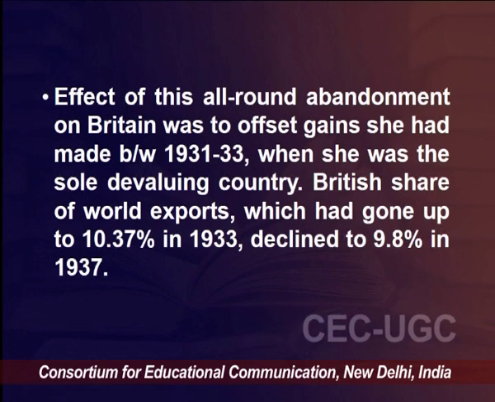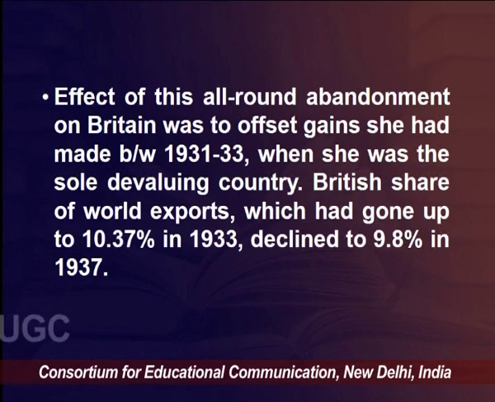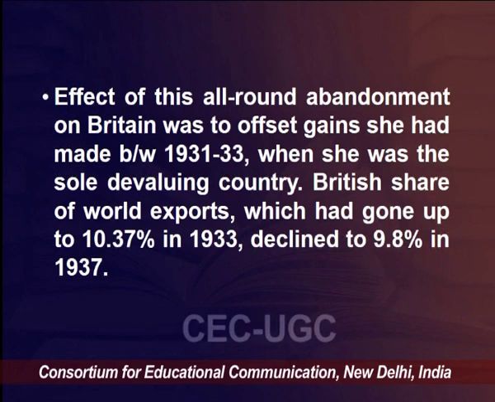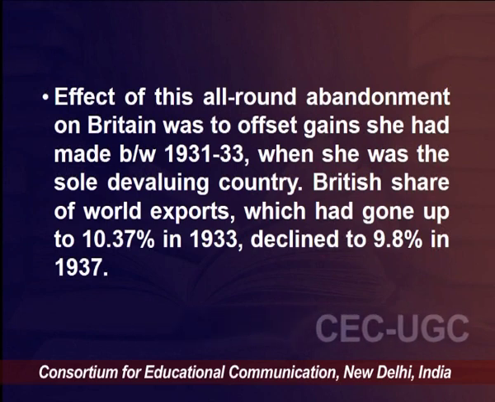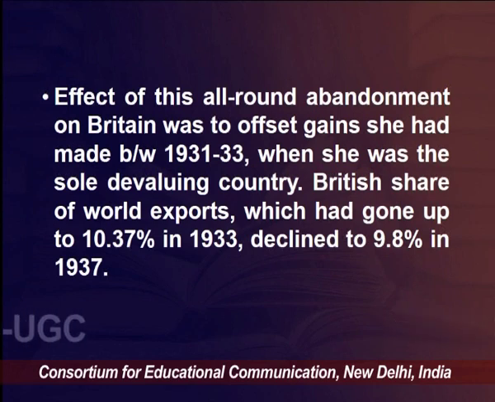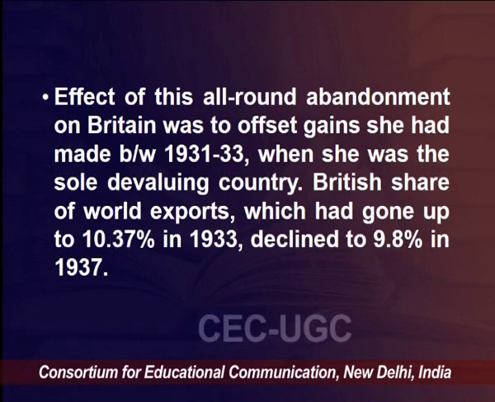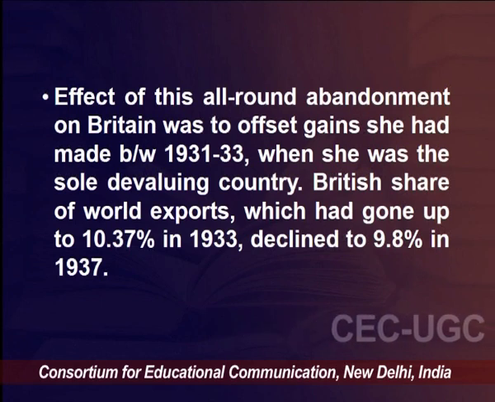The gold standard could be seen during this particular crisis. And we find that when you see how the various countries of the world abandoned the gold standard, the effect of this all round abandonment on Britain was to offset the gains she had made between 1931-33, when she was the sole devaluing country.